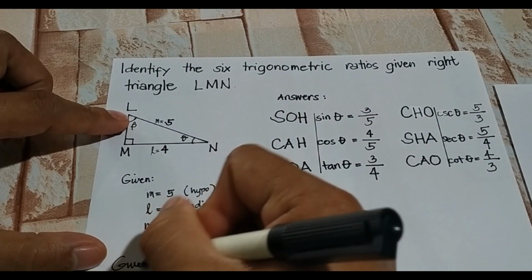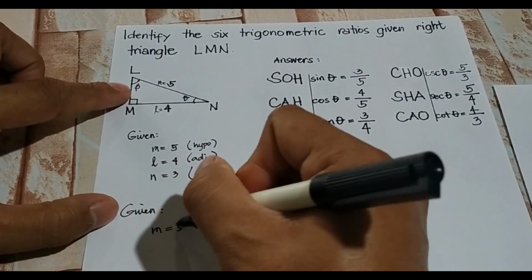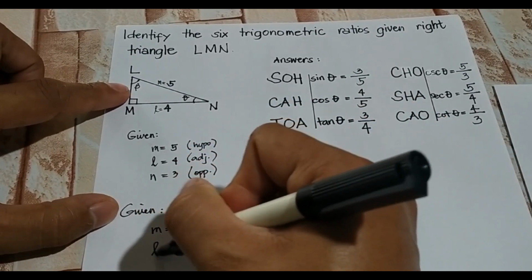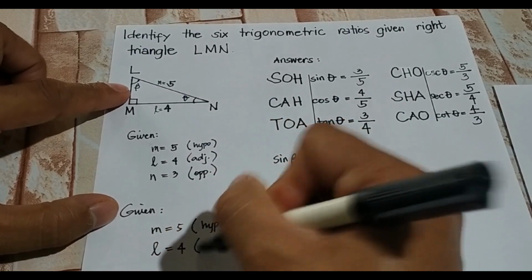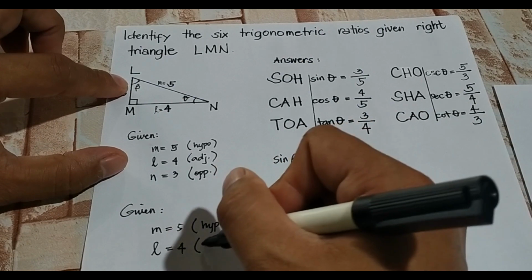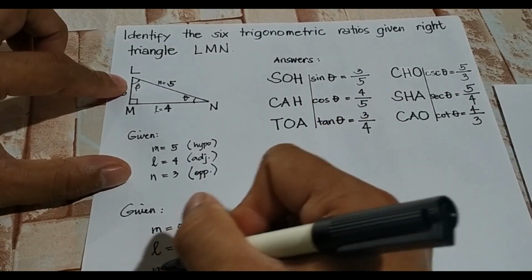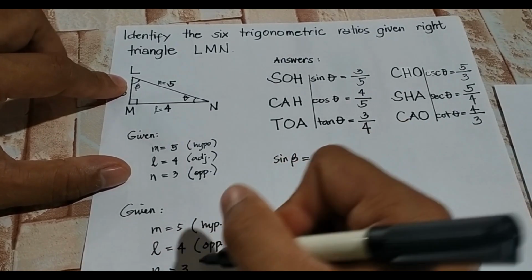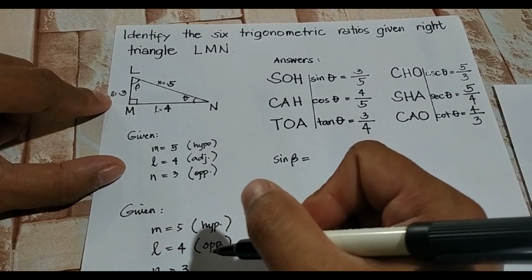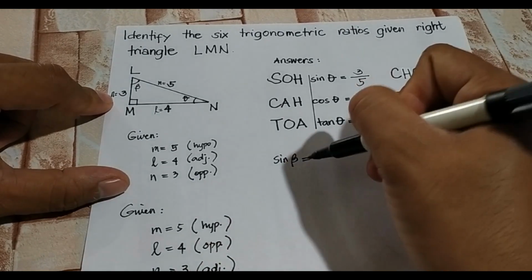From the given, side M is equal to 5, still our hypotenuse, and side L is equal to 4. How do we call side L with regard to angle beta? That would be our opposite. And side N is still 3. Since side L is our opposite, side N is going to be our adjacent side.